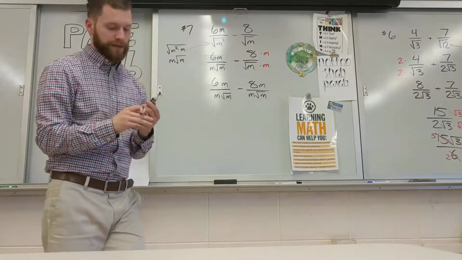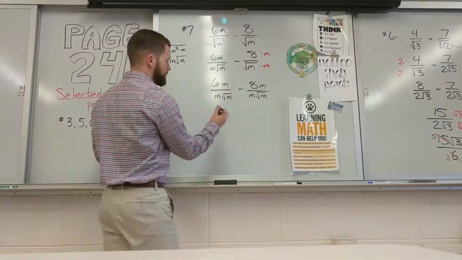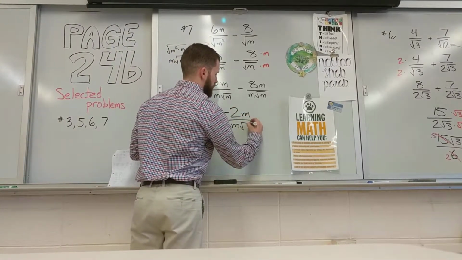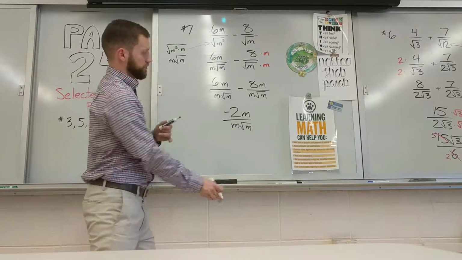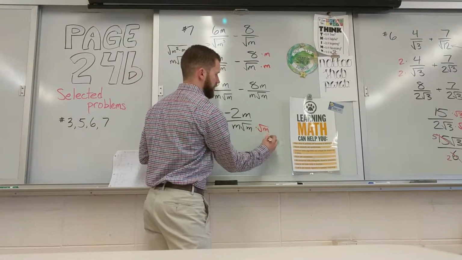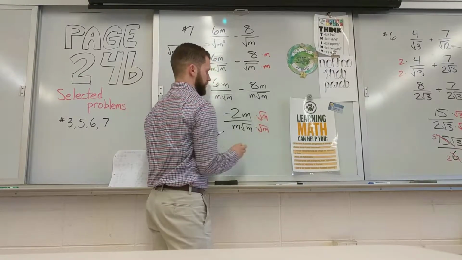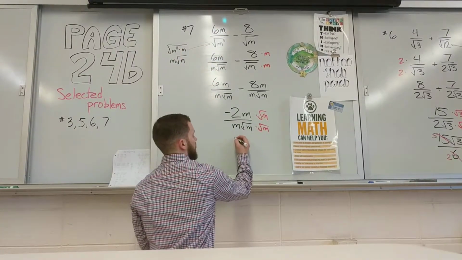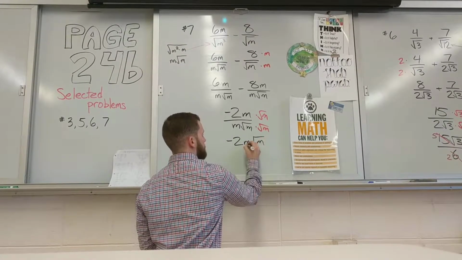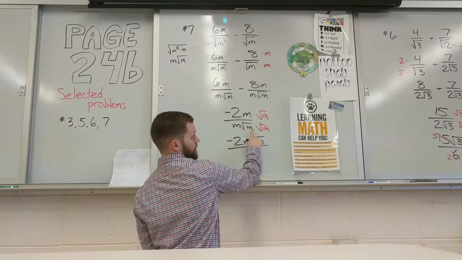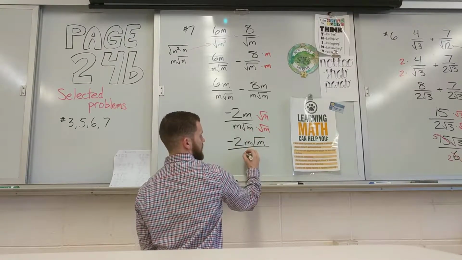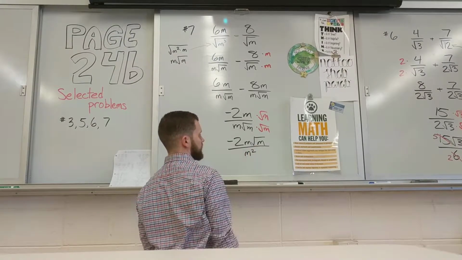Okay, so 6m minus 8m gets us a negative 2m over m root m, and we have a radical in the denominator, so we have to multiply by the radical to clear it out. So we end up with negative 2m root m over m, root m times root m is just m, so we end up with m times m, which is m squared.